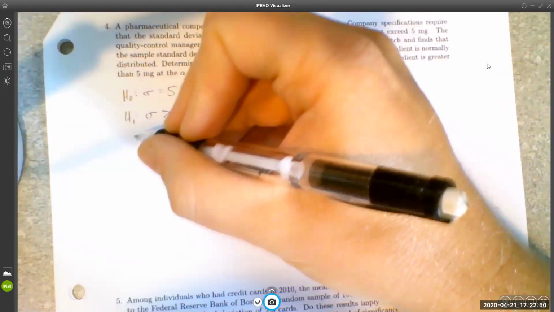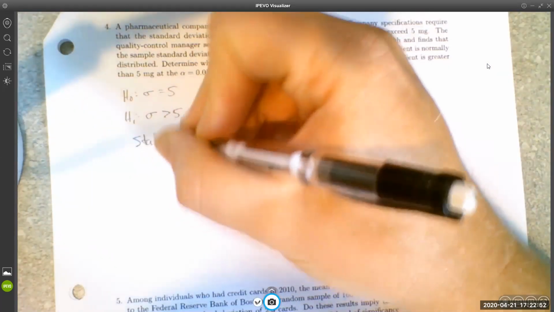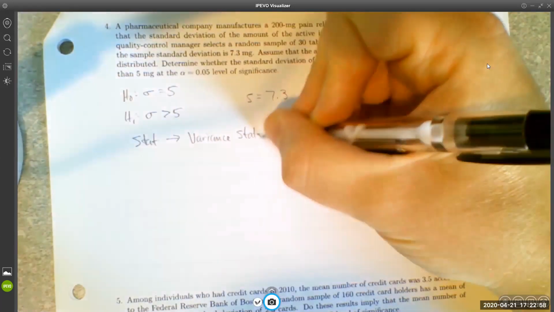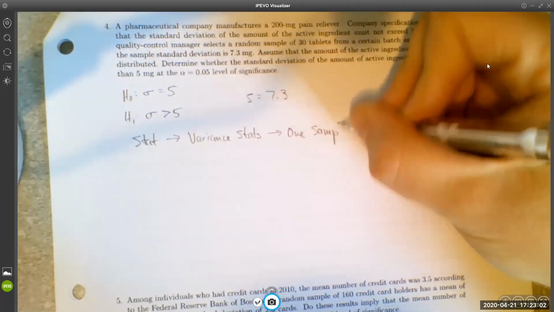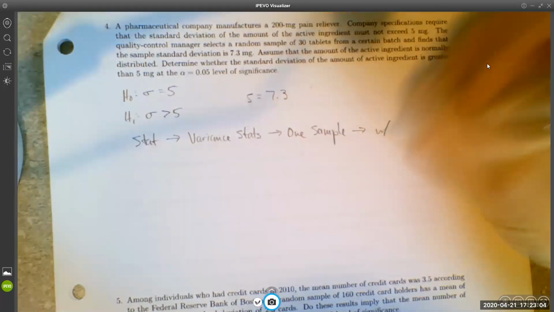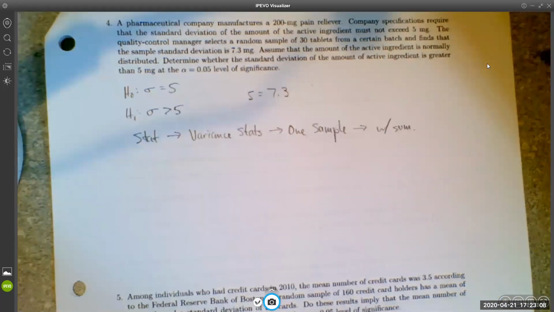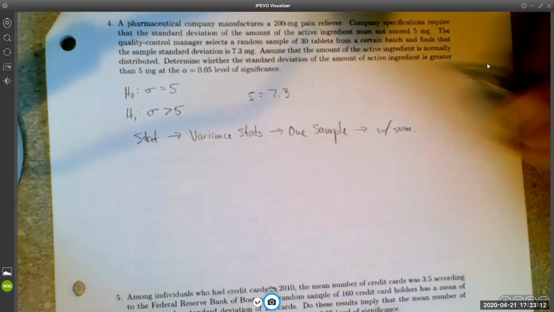Let's do it. So to test the standard deviation, we go to Stat, Variance Stats, One Sample, with Summary. When we go there, they'll prompt us for the sample size.